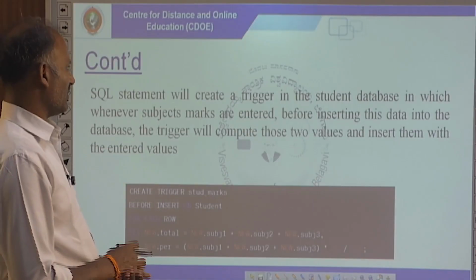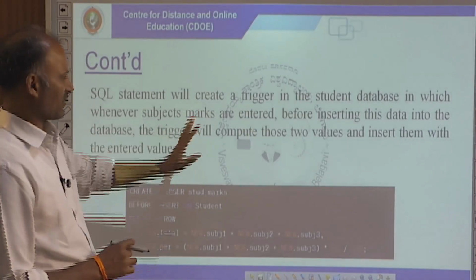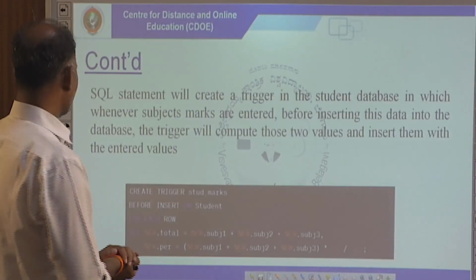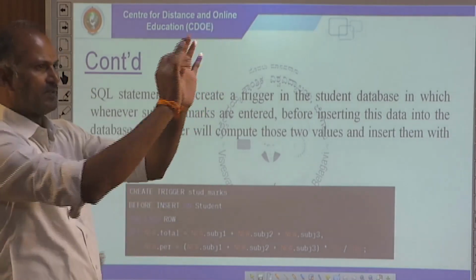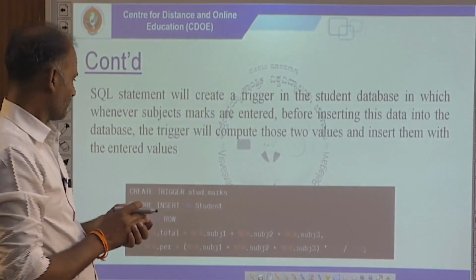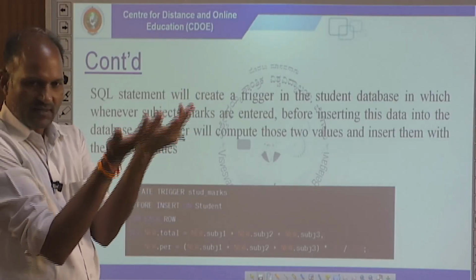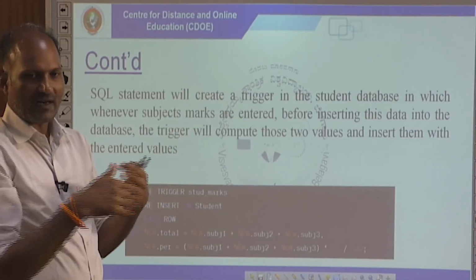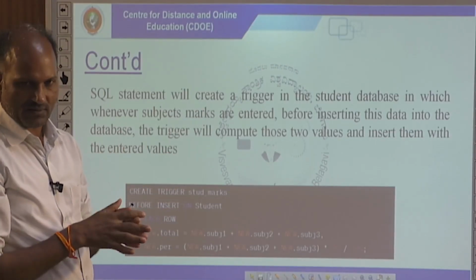We will create a trigger in the student database whenever subject marks are entered. Assume there is a student table that consists of some columns for entering marks for the subject.